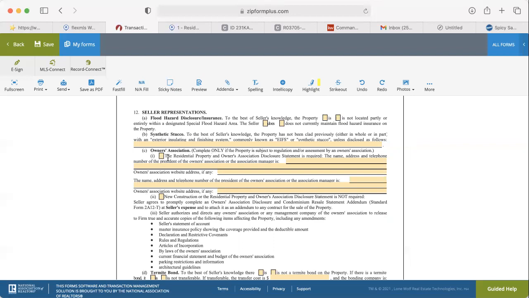And then C talks about the owners association. So if there is a homeowners association, you would check this box and you would type in the name of the association manager and their address and phone number. And then if they have a website, you would enter it here.